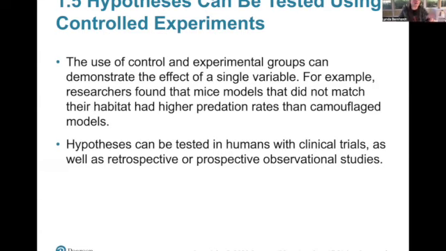Predation rate means more things came down and took them and munched on them. For people, you can test these with clinical trials, not the getting munched on by a predator, but the tests. You can also use a retrospective study or a prospective observational study.